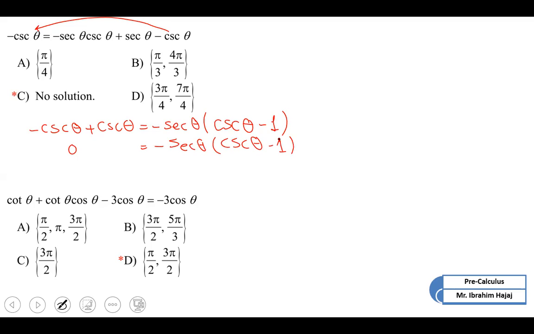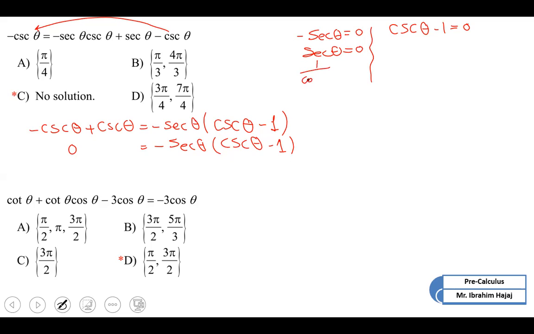So we have either secant theta is equal to 0 or cosecant theta minus 1 is equal to 0. The negative is divided out, so secant theta is equal to 0.